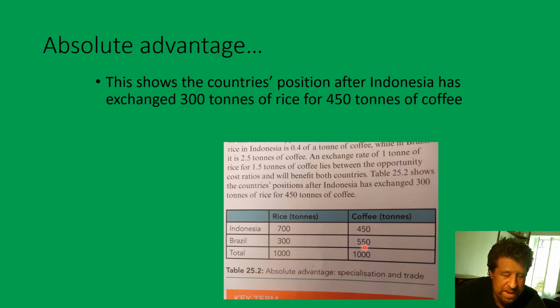So here we take off 450 tons from Brazil's 1,000 tons of coffee because 450 go to Indonesia. And we can see everybody has benefited in every product with this absolute advantage.